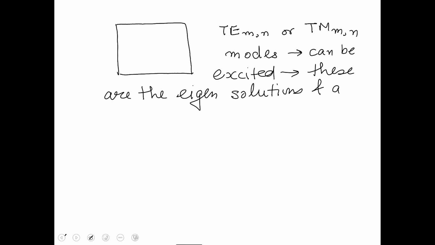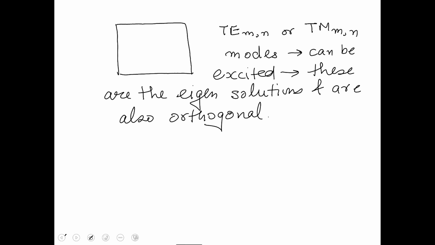and are also orthogonal. By orthogonal, we mean that each of these modes is a unique solution. If I take two different modes, take their electric field distributions or magnetic field distributions, multiply them together and integrate, do an overlap integral, the answer would always be zero.